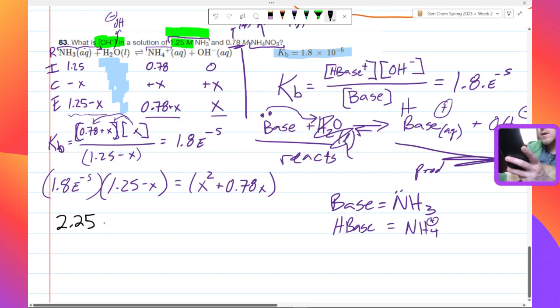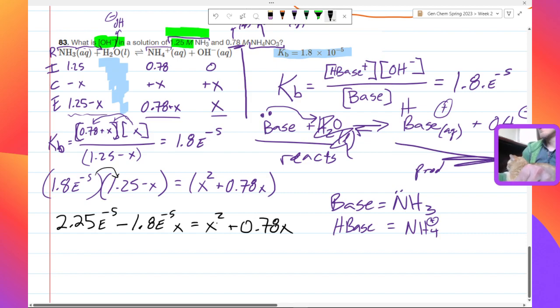Oops, I accidentally changed pen colors, but we're going to roll with it. That's what happens when you multiply that times that. And we still have minus 1.8 times 10 to the minus fifth x. It's going to equal x squared plus this. Now we're going to do the exact same thing as the last problem and combine these sides together and set one side equal to 0, plus 0.78 x, and then 10 to the minus fifth, so that would be like 4 zeros, 18x.